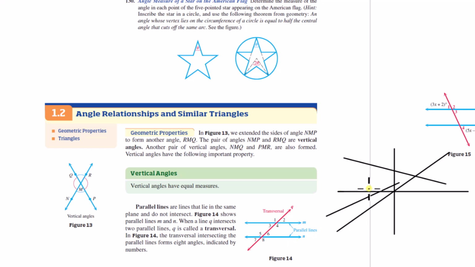If this line's going into the page and to the right, and this line's going up and out of the page, if you extend them, they technically would never intersect, but would you call those parallel? Well, according to this definition, those aren't parallel, even though they don't intersect. They need to be in the same plane.